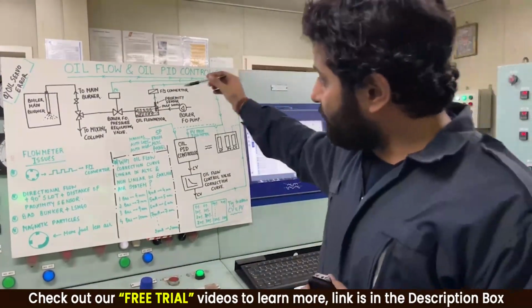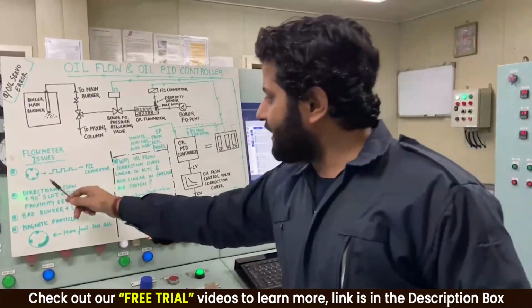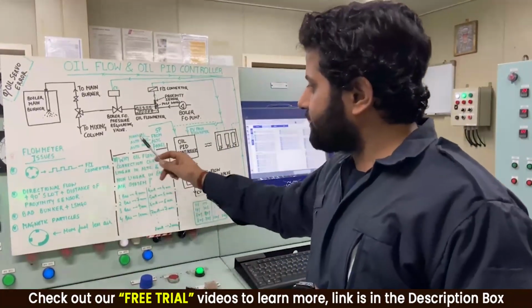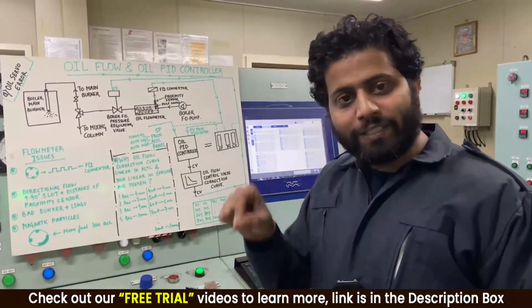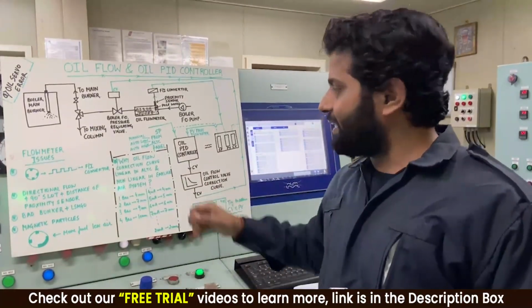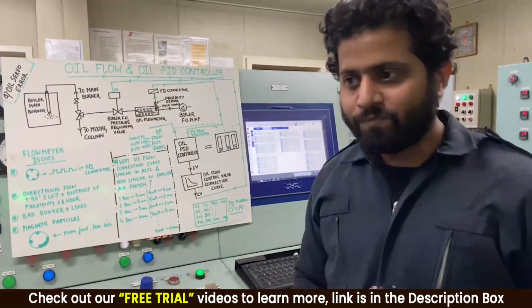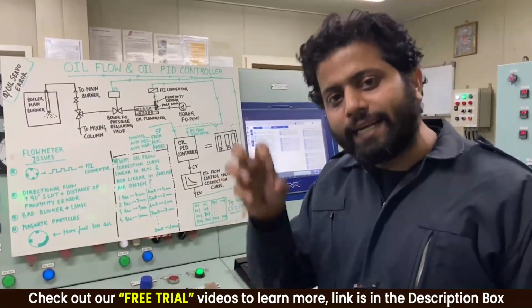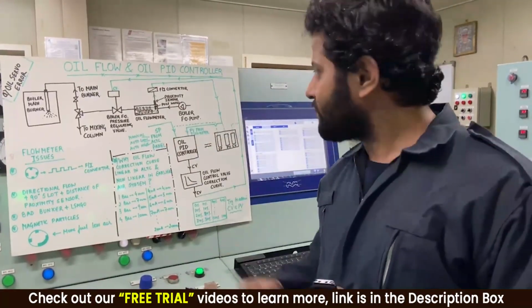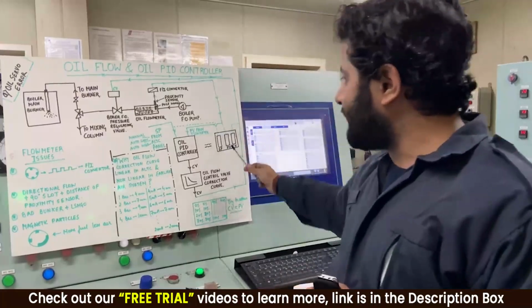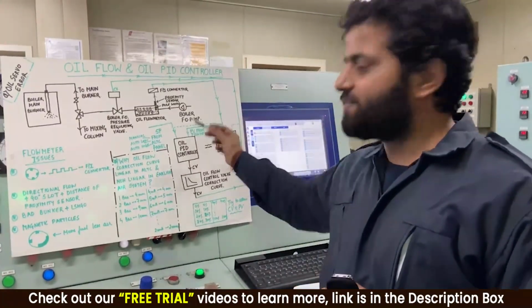Now, what this proximity sensor does is it calculates the frequency of how these pulsations are coming. But we need a current signal. So we fitted a frequency to current converter over here. As per the frequency, a current signal is generated, and this current signal, 4 to 20 milliamps, goes as the process value.